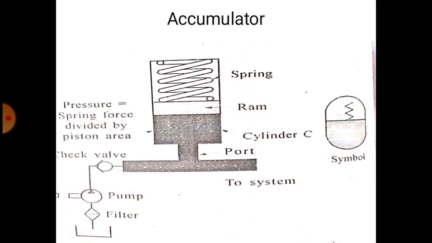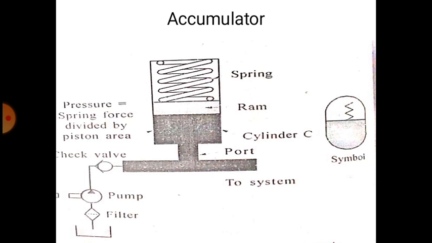Before the actuator there is the accumulator, so the accumulator will be charged. High pressure oil enters the accumulator, the piston ram moves up and the spring is compressed.